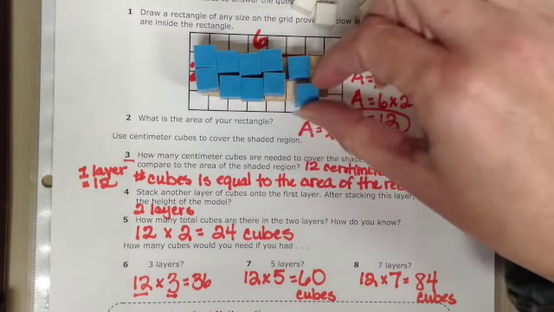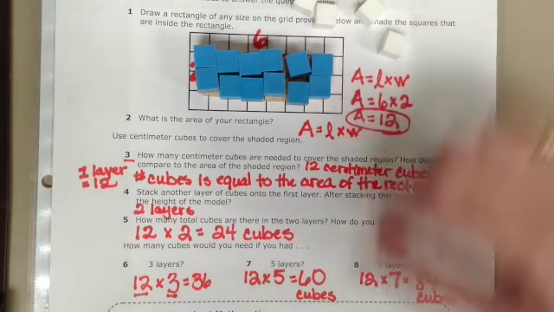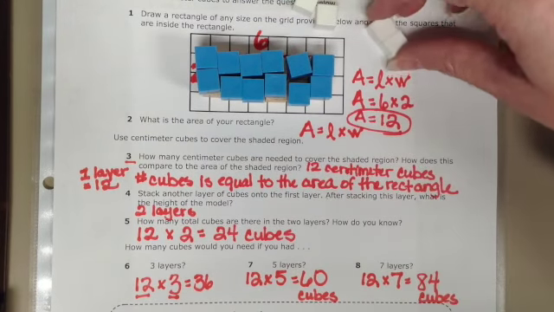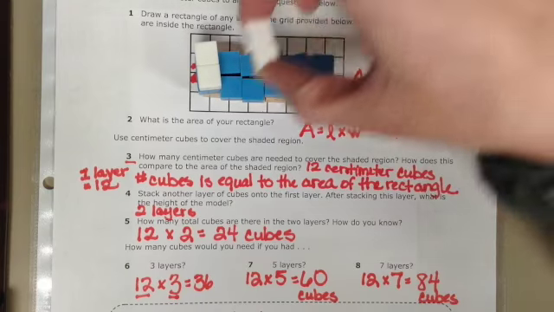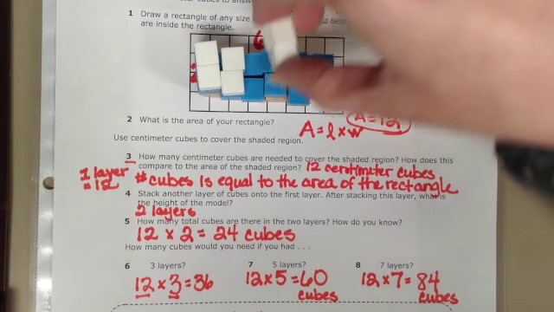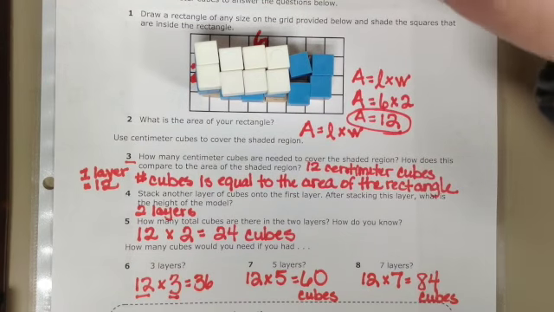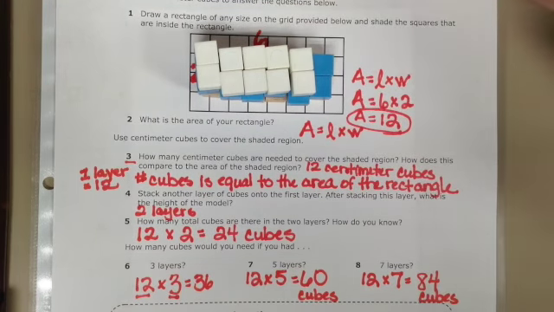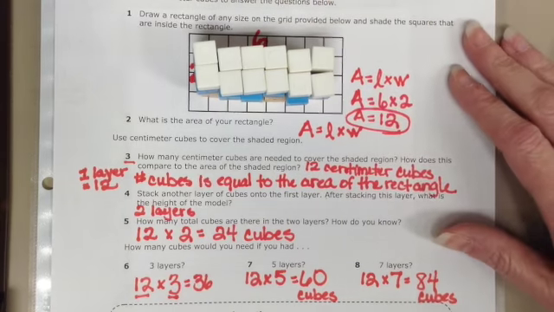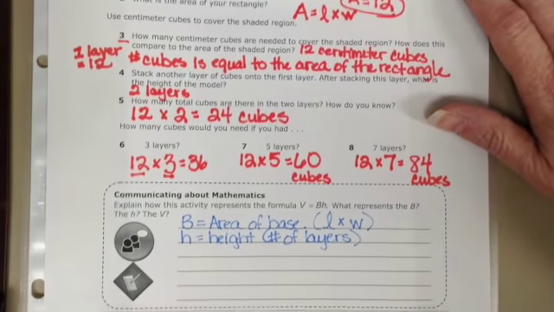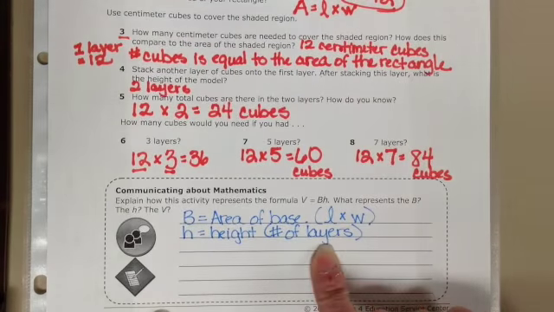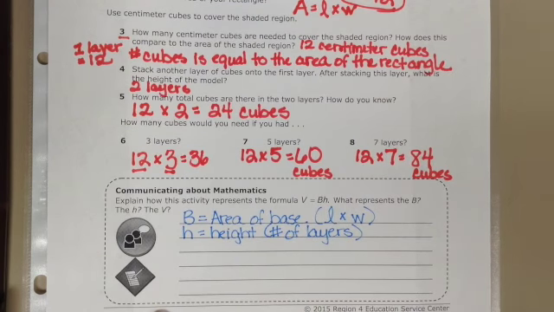So my height was 2. When I added my third layer of cubes, my height was 3. So the height is just the number of layers in our rectangular prism.